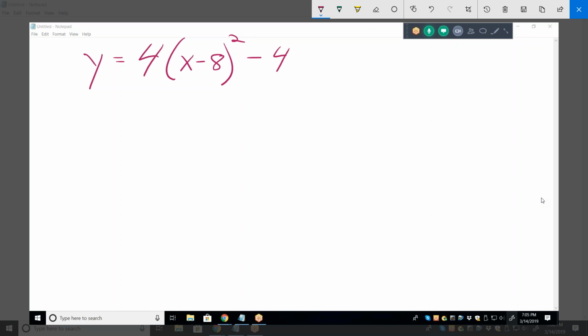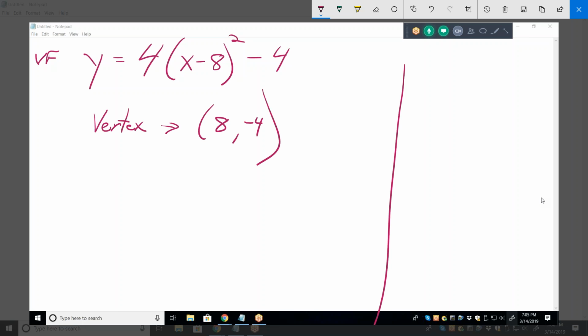Yeah, it's worth recognizing the format because if it's in exact vertex format, tell me what the vertex is. 8, negative 4. I'm going to call that point right there (8, -4).